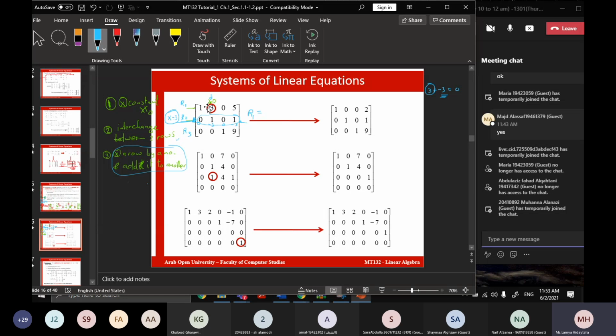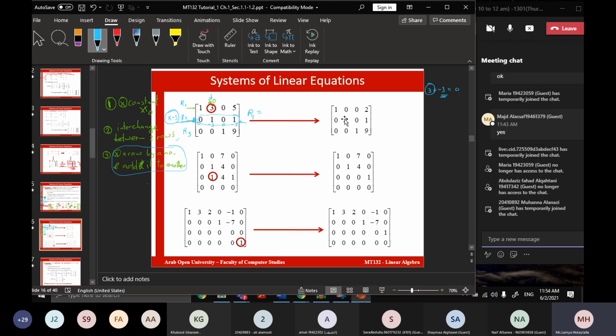Now I'm adding the row I'm going to change to this row times minus 3. So 1 plus 0 is 1. 3 plus minus 3 gives me 0. 0 plus 0 is 0. 5 minus 3 is 2.